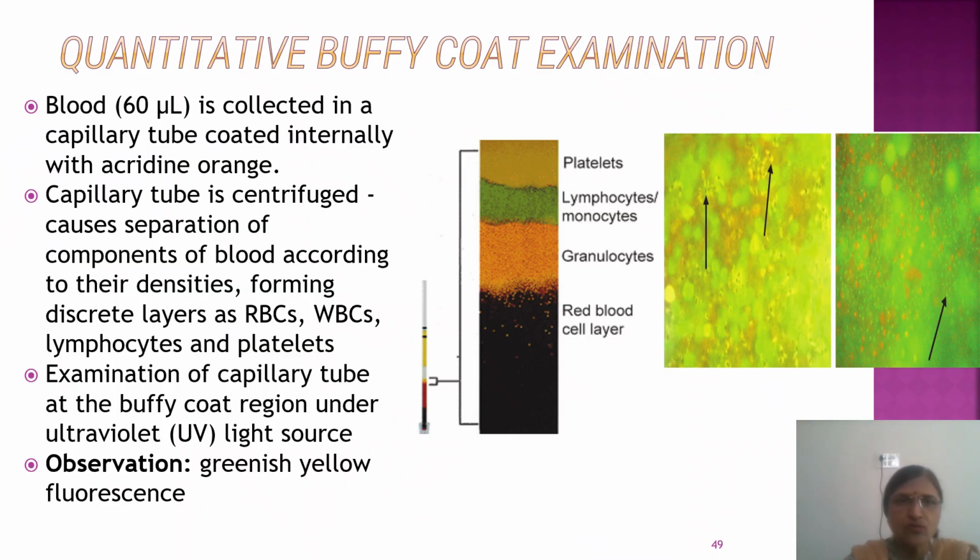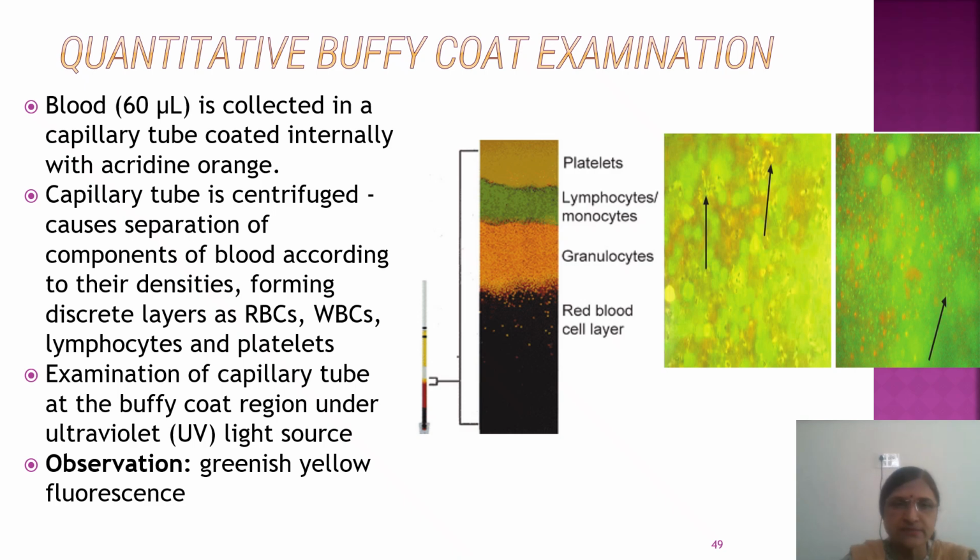Now, you can go for fluorescent microscopy. In fluorescent microscopy, you just stain the smear with fluorescent dye, that is acridine orange, and then you can see it under a fluorescent microscope. There you can see greenish yellow fluorescence of the parasites. In quantitative buffy coat, you take blood in a capillary tube that is coated with acridine orange fluorescent dye. Then centrifuge that capillary tube, so it will have separation of the buffy coat.